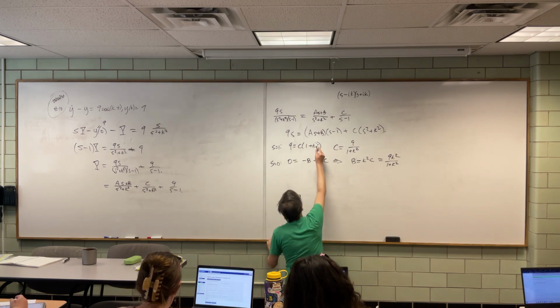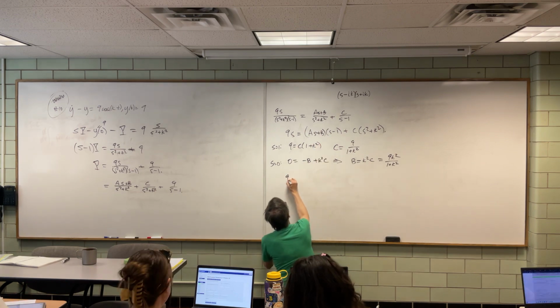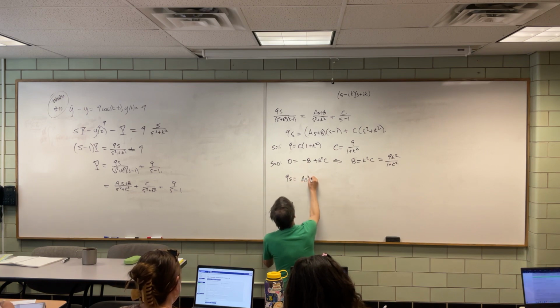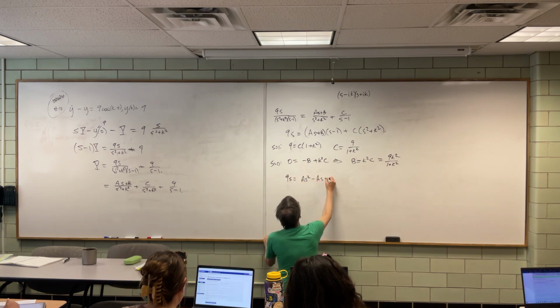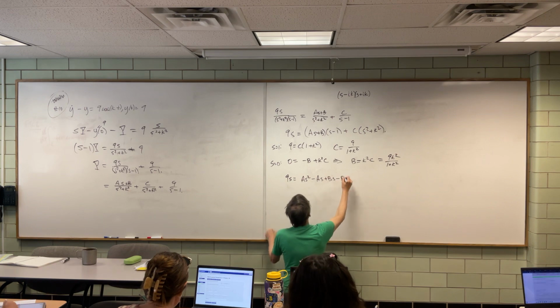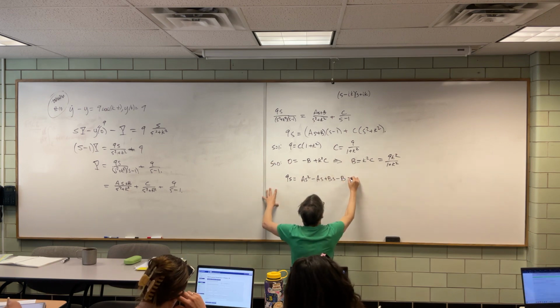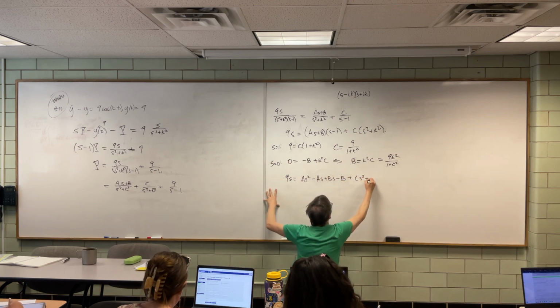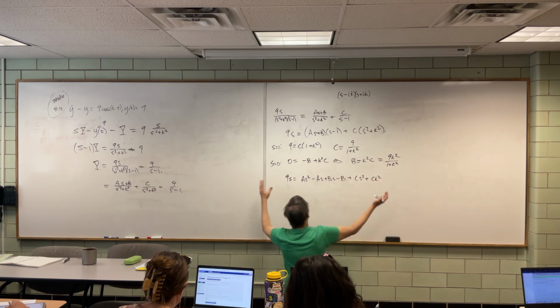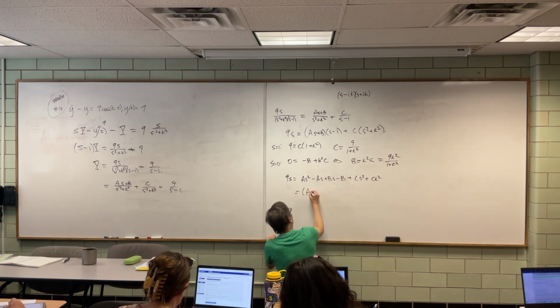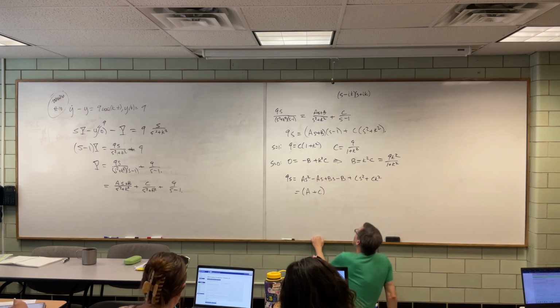So in other words, I'm going to FOIL this out. So I'm going to get 9s equals As squared minus As plus Bs minus B, so that's the FOIL, plus Cs squared plus Ck squared, like terms. Oh, there, see, I'm done now.